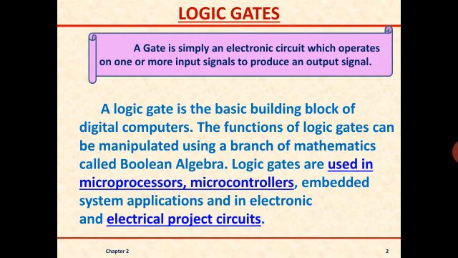What is a logic gate? Simply, a gate is an electronic circuit which operates on one or more input signals to produce an output signal. So students, if for 1 mark it is asked what is a logic gate, you have to remember it is just an electronic circuit.